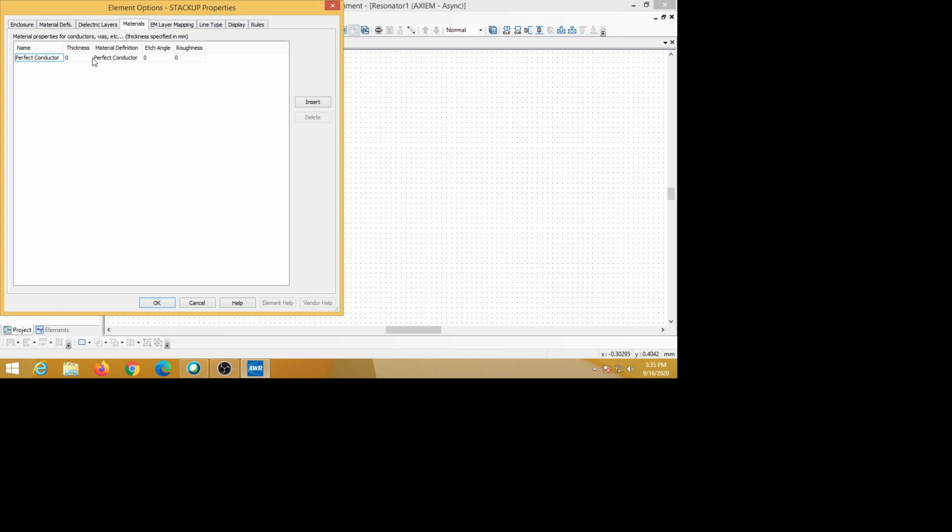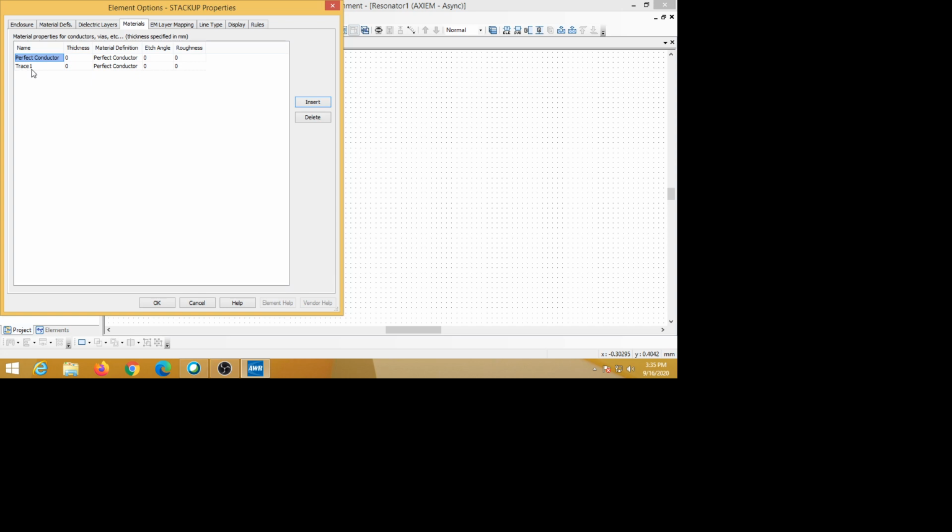To define that, see here, perfect conductor is already existing, which you have to keep as it is. But to give the thickness of the copper, that is the metallization using which we are drawing our structure, you have to go to insert. Then again one more perfect conductor comes, but here the name is trace 1.